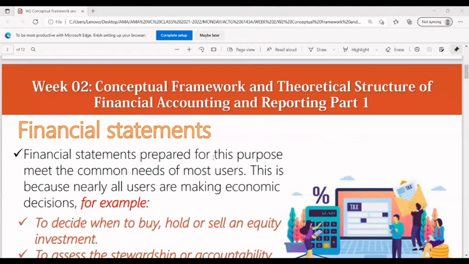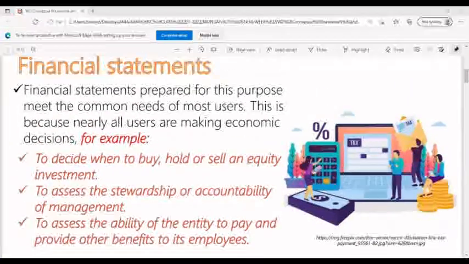Financial statements prepared for this purpose meet the common needs of most users. So you already know who the users of these financial statements are.